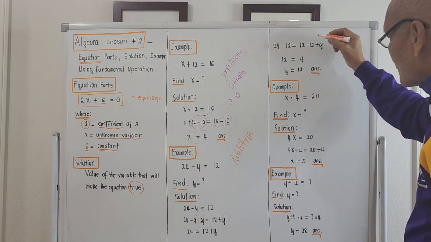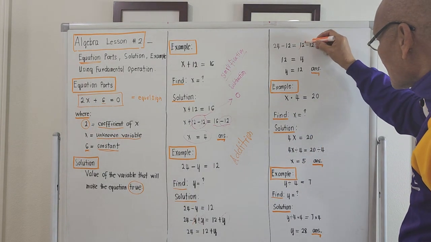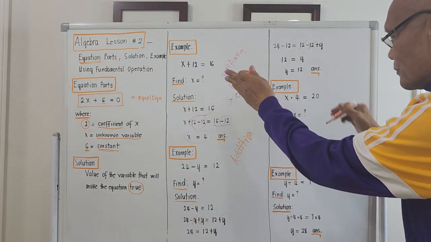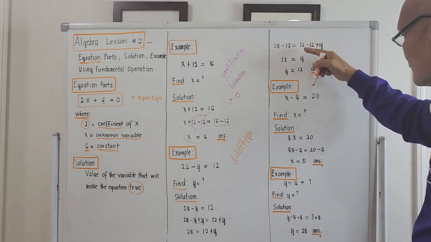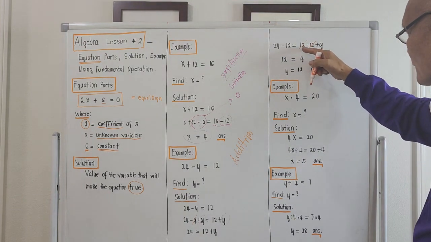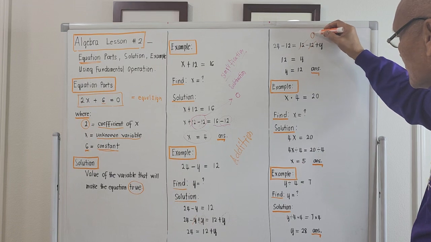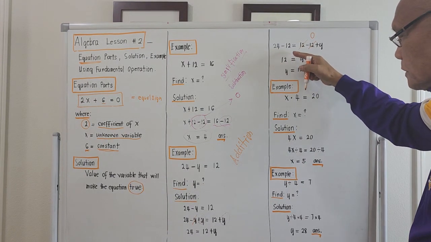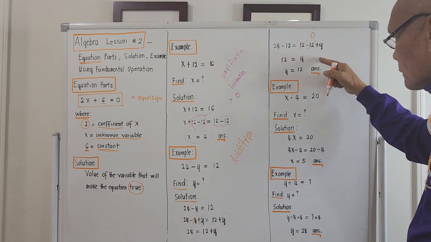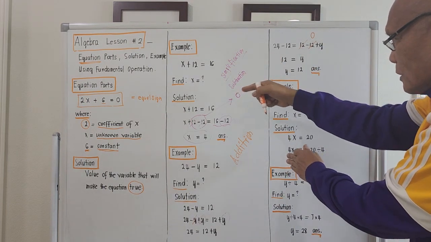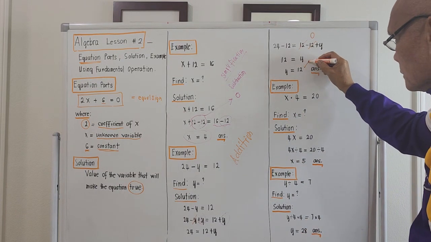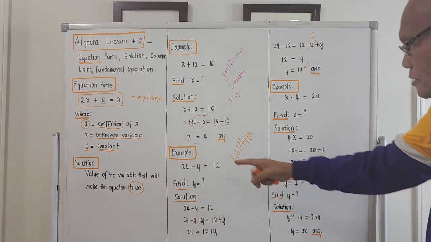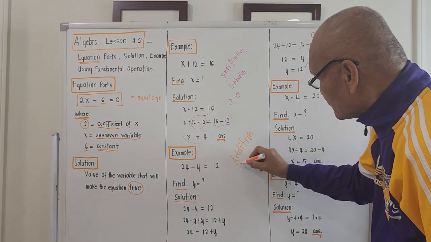After the subtraction on the right hand side, this cancels. What you do on the left, do it on the right. So the right hand side becomes 12 minus 12, which is 0, plus y. And 24 minus 12 is 12, and this should be equal to y. Rearranging, y is equal to 12. So what fundamental operation have we done under example number 2? It is addition.